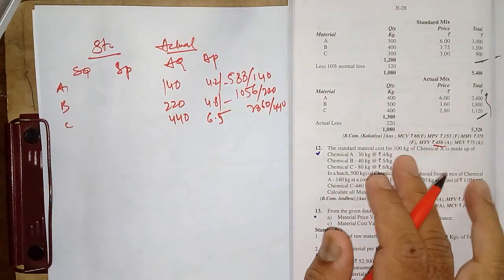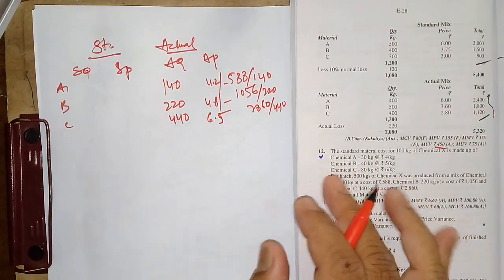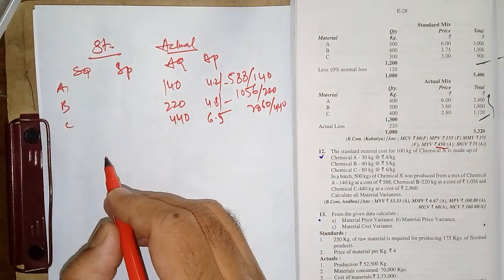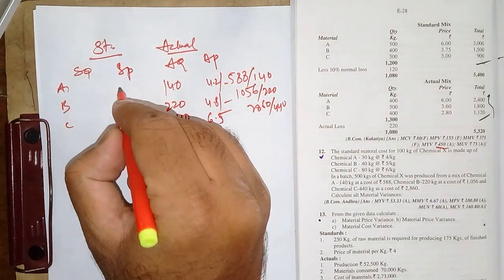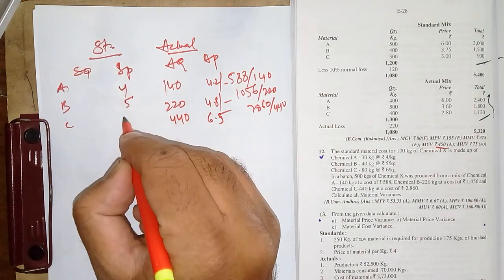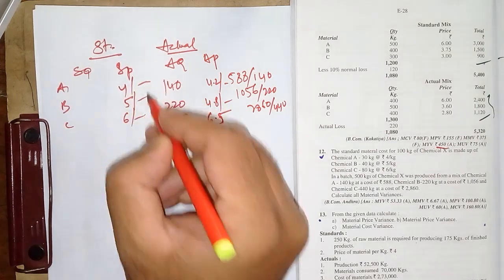Once we got this, then directly apply the formula here. Sorry, actually we need to write the standards. So the standard rates are 4, 5, 6.